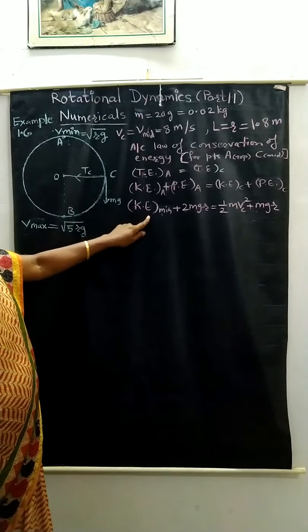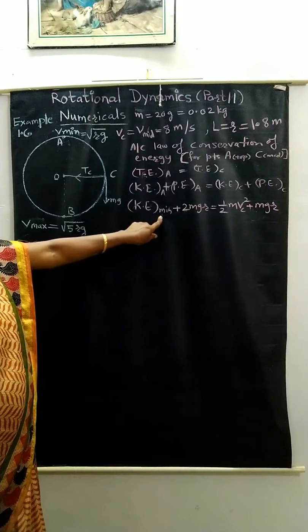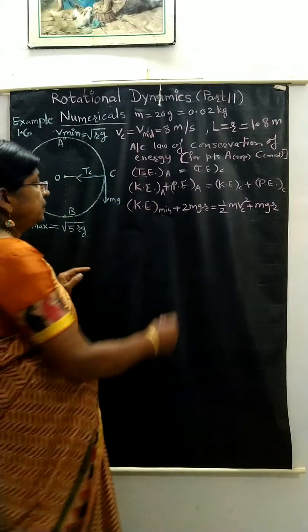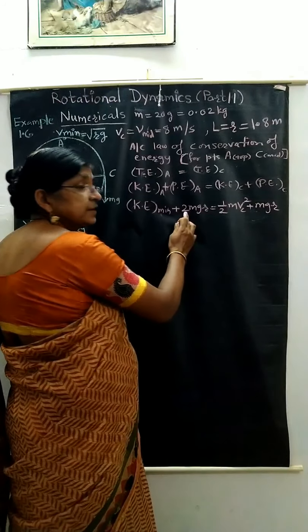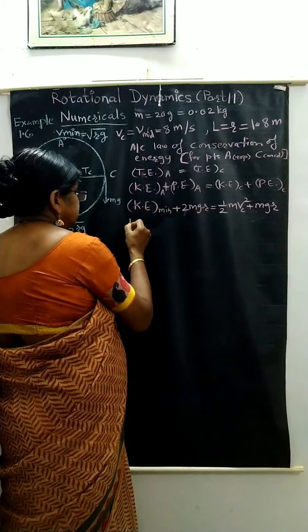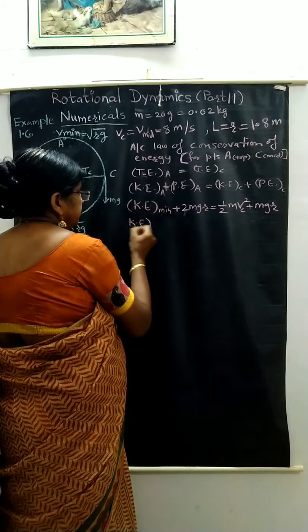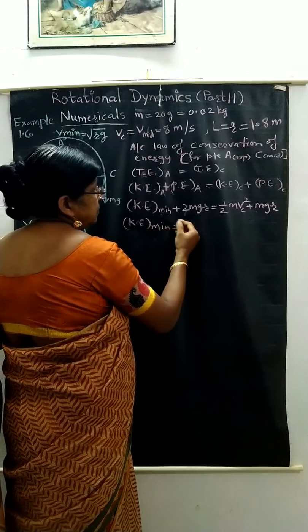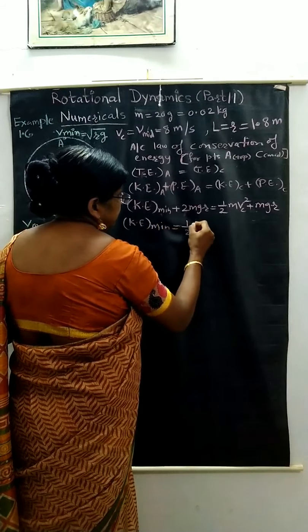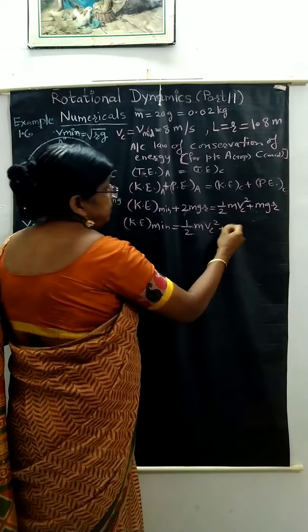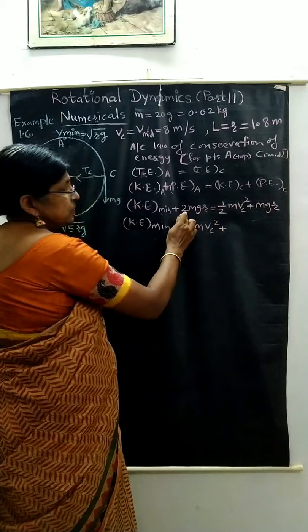We are interested in this minimum kinetic energy at point A, that is top point. Therefore, let us transfer this term to the other side, that is right hand side, so as to get kinetic energy minimum is equal to half m Vc square plus mgr minus 2 mgr.